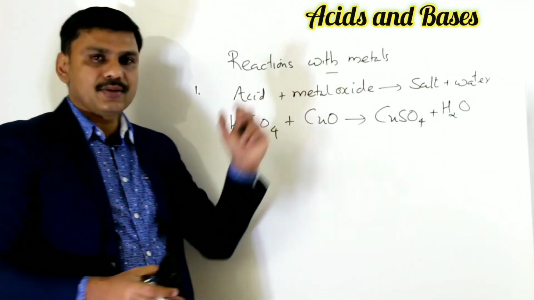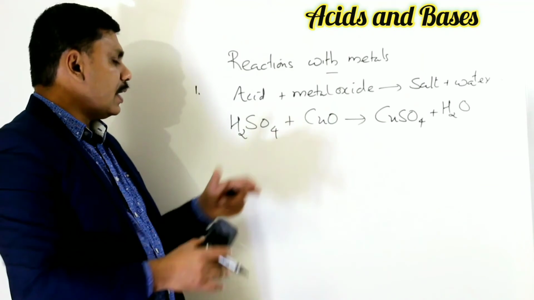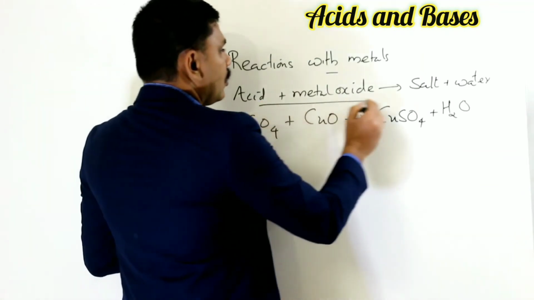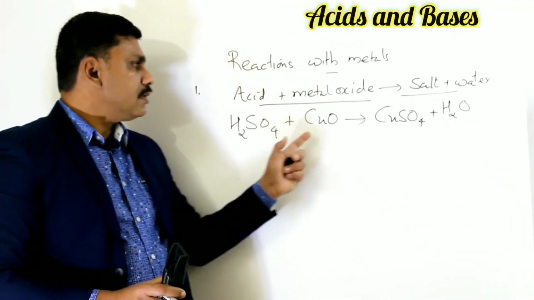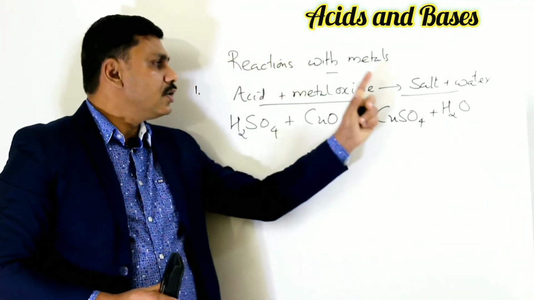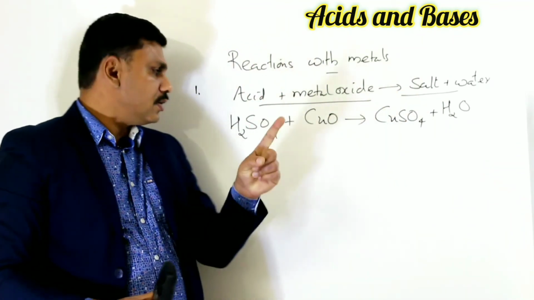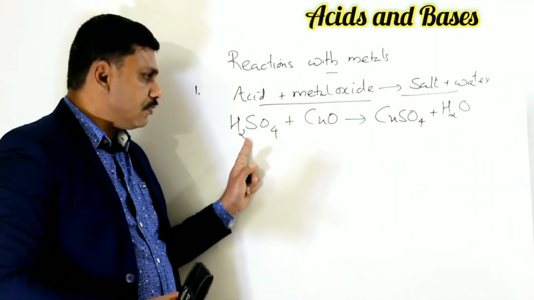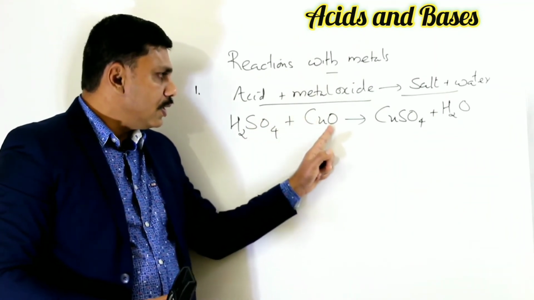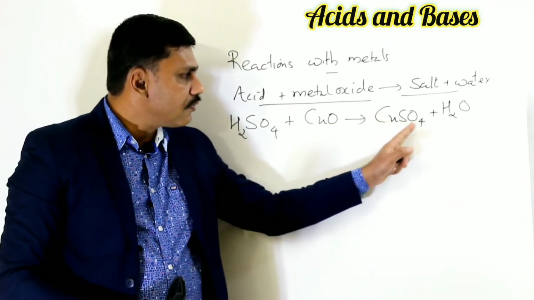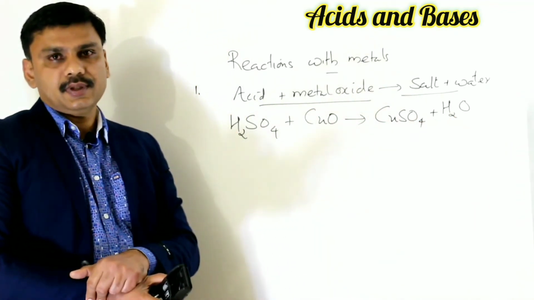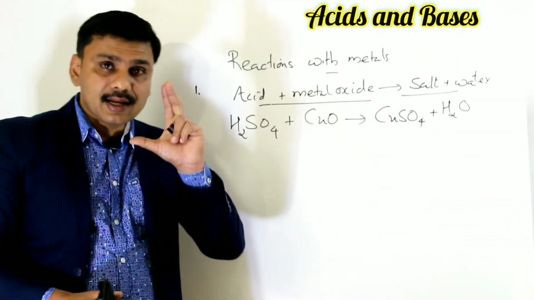An acid plus metal oxide always gives salt and water. For example, H2SO4 with CuO, copper oxide, gives copper sulfate and water. So you must learn this general equation.